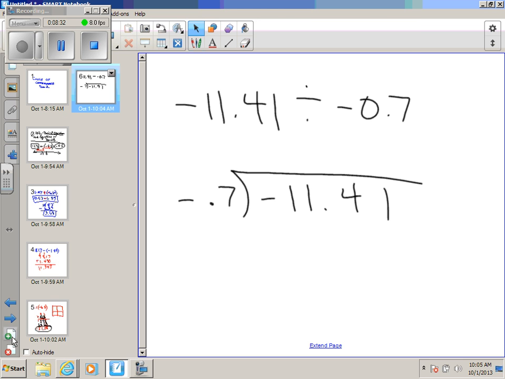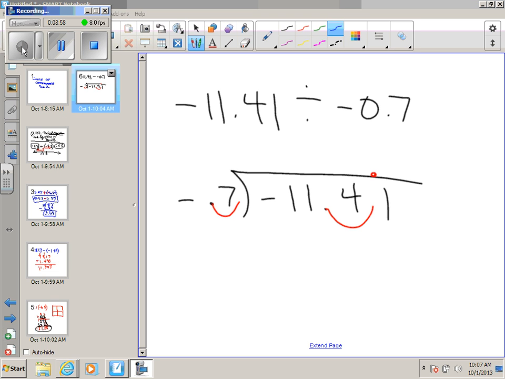So rule number 1 is I have to make sure that I'm dividing by a whole number. Good. And how am I going to do that? One place. How many places do I move on the inside? One, because I move it the same amount. Go from there. Okay. There's my new decimal.